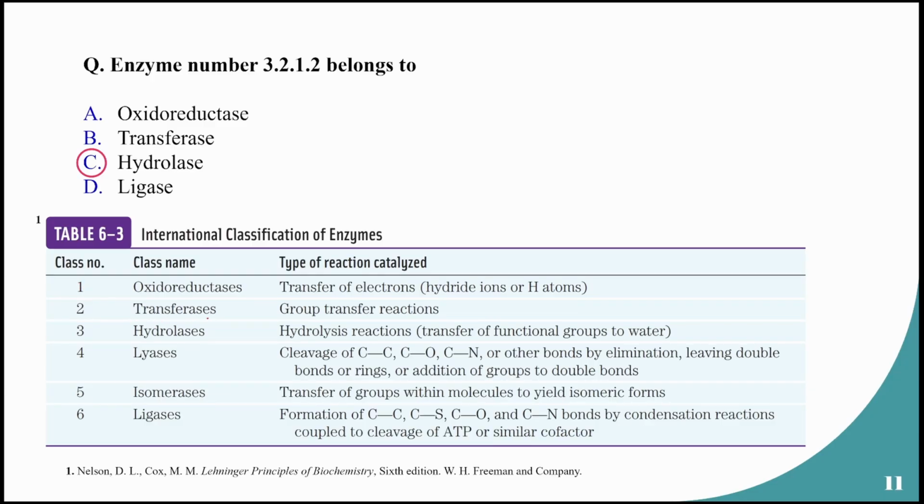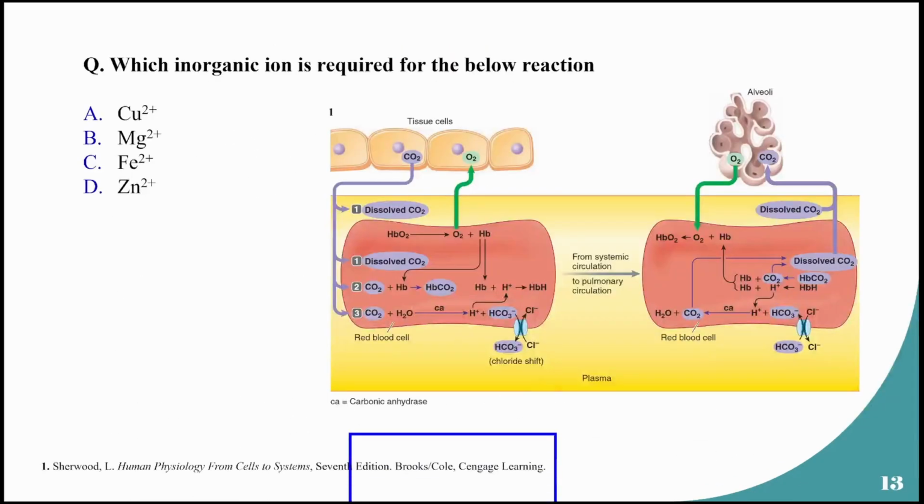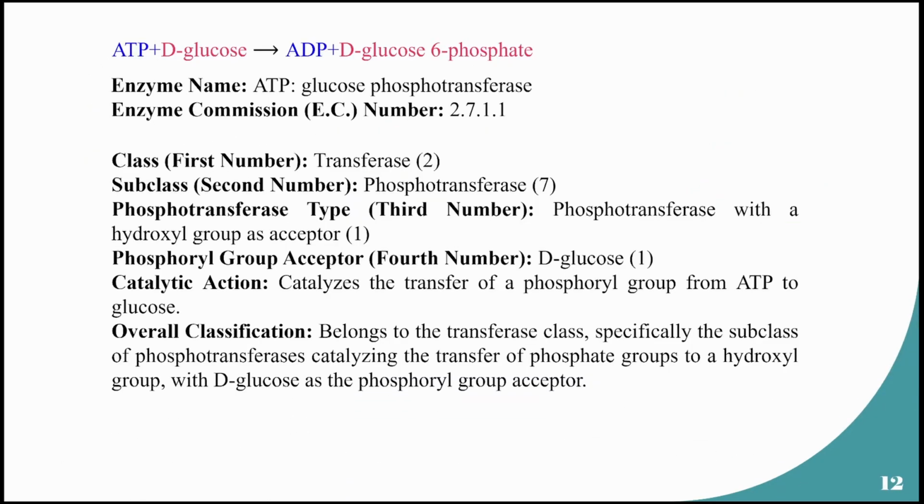Class 2 are transferases, right? 3 is hydrolase, 4 are lyases, 5 isomerases, and 6 ligases, right? So in this case, since it's starting with this 3, that means it's a hydrolase enzyme, right? And the particular enzyme commission number that you have has 4 characters, right? So the character that is given at the first position will be the class.